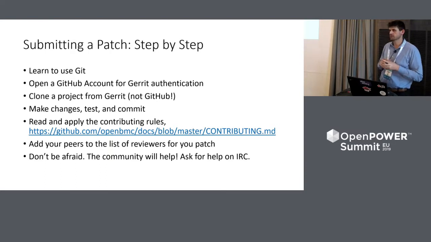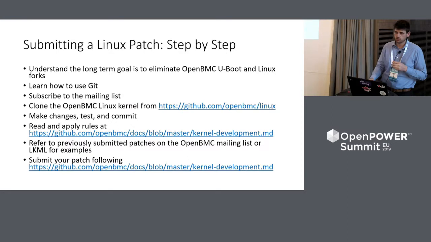The community is very helpful. Jump on IRC or on the mailing list, and we can help. For submitting a patch to Linux, similar but slightly different steps. There is a kernel development guide that walks you through these.